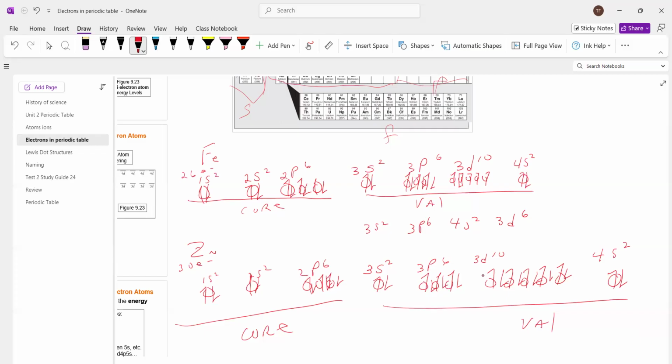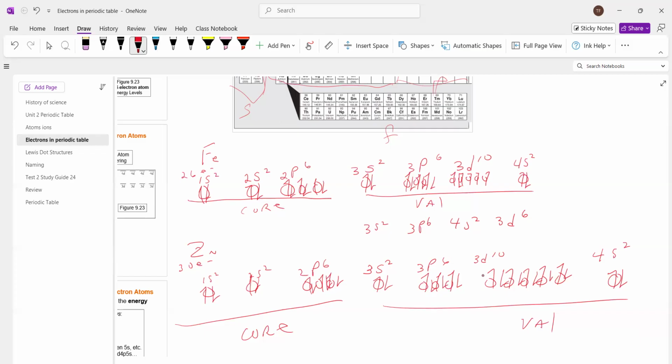Now, when we get to ions, these are neutral. We haven't talked about ions yet. There's electronic configuration for ions as well. So when you have a cation, that means you're missing electrons. And the question is, which electrons go?